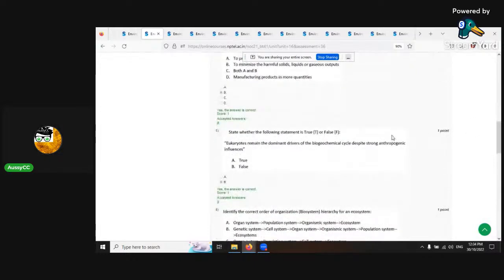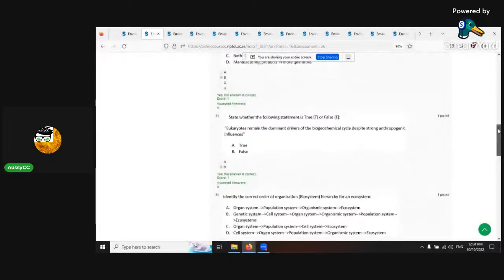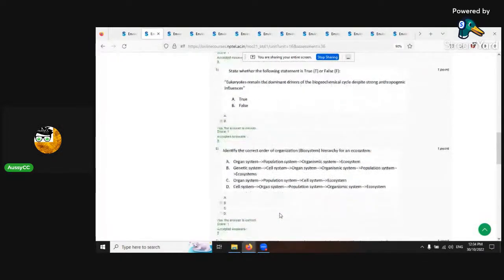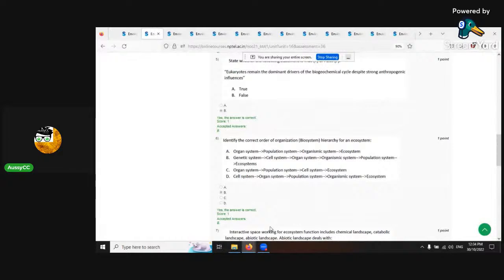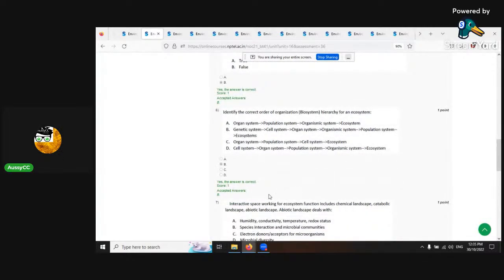Identify the correct organism-biosystem hierarchy in the ecosystem. It starts with genes, not organs. Genes are required to make cells to make organs. B. Interactive space working for ecosystem functions include chemical landscapes, catabolic, anabolic, antibiotic, sorry, I'm really bad at English.